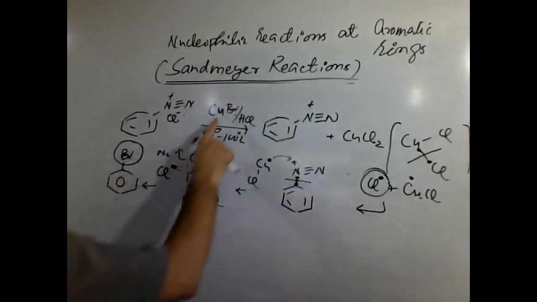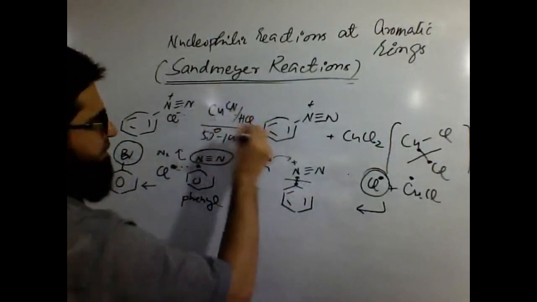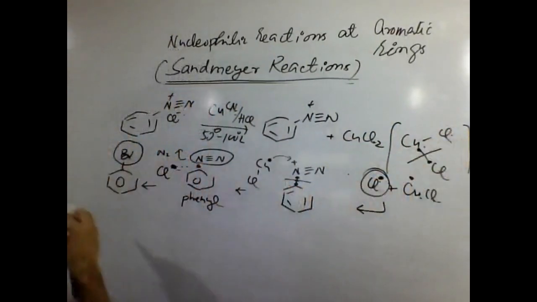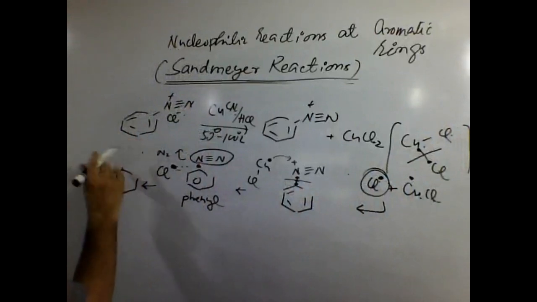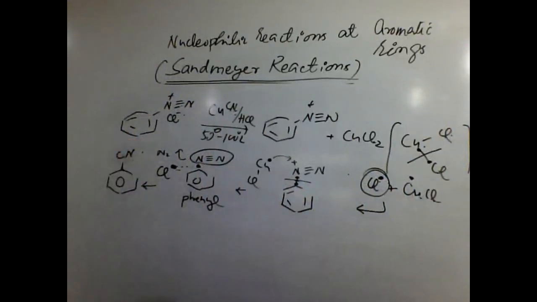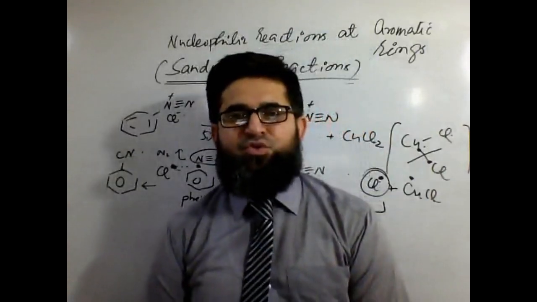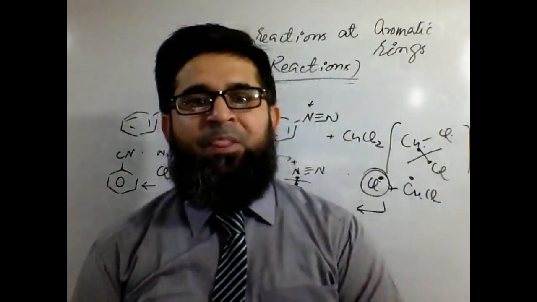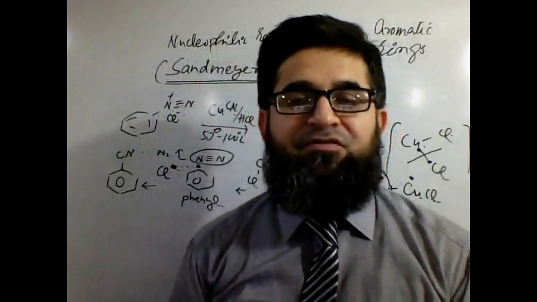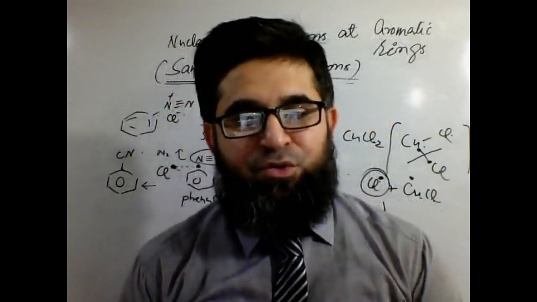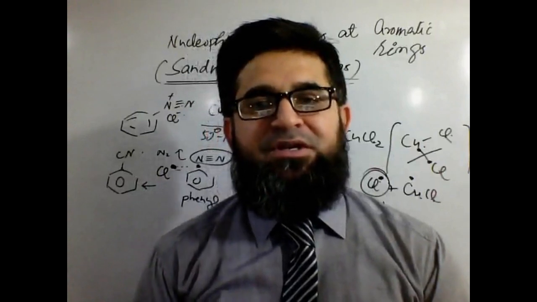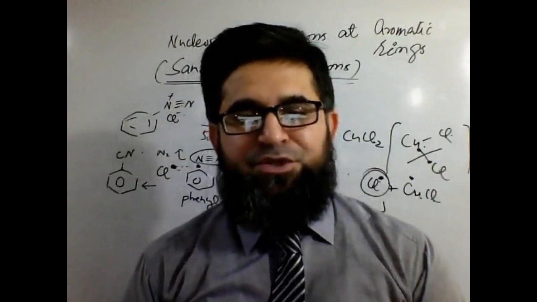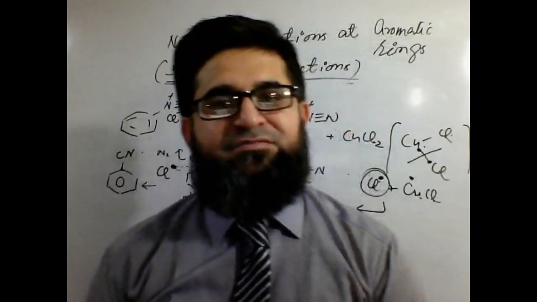If we have proceeded with cyanide, the same way you can replace the chlorides with cyanides, and your product would carry the cyano group. So all Sandmeyer reactions could be explained through the same mechanism, one which is based on radical formation, and the other where I told you the nitrogen evolves leaving phenyl in the form of a positively charged entity, which subsequently reacts with surrounding nucleophiles and gives corresponding products.